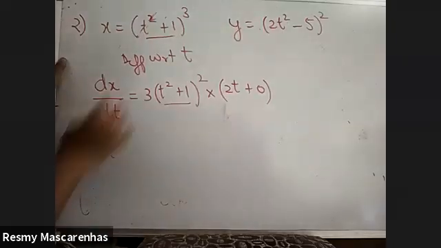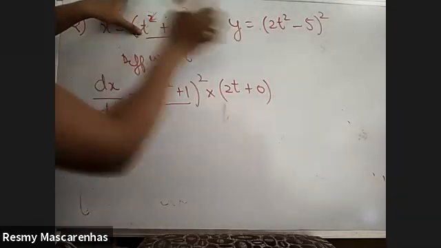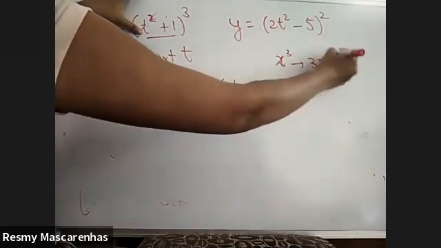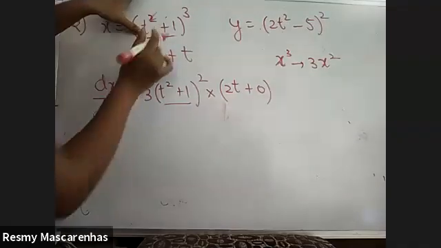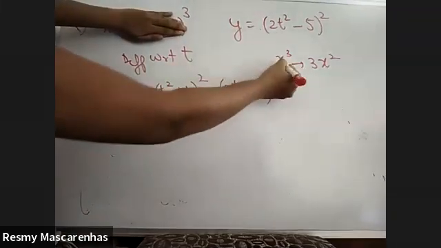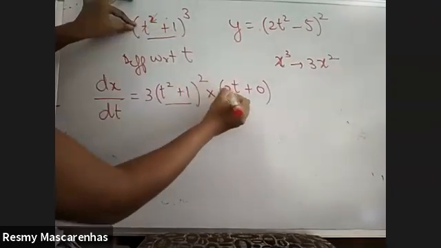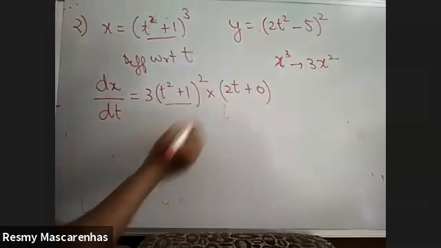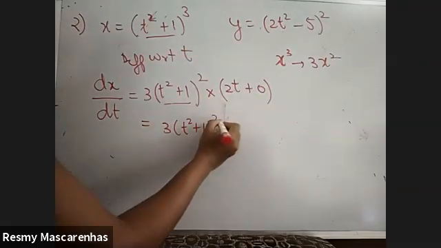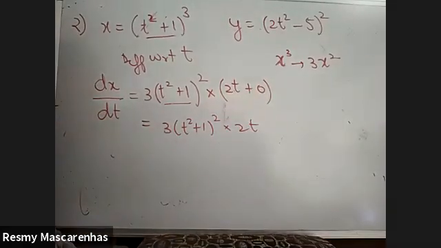One second. This is normal, something cube. So the derivative of x cube would be what? 3x square, correct? So this is like x. X cube would be 3x square, but it was not x, so the extra derivative of that. The derivative of t square will be 2t plus 0, which is anyway 2 into t, correct?